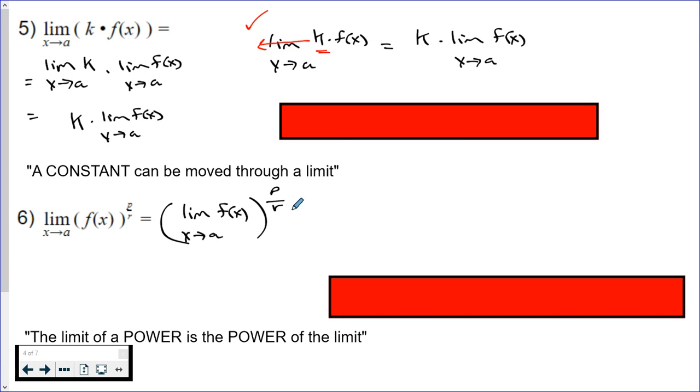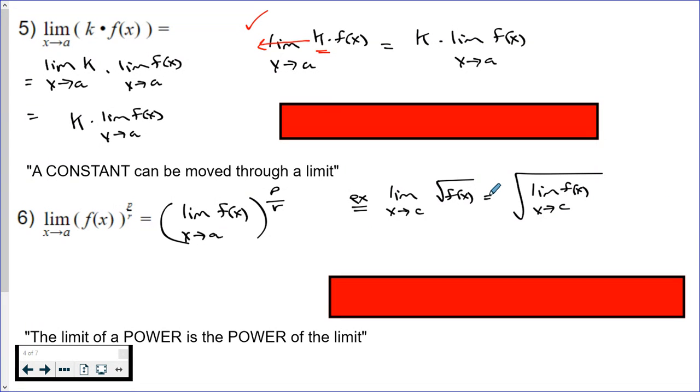Now, what's neat here, I'm going to give a little example with this, is this actually would lend itself to doing a problem like this. Maybe I do the limit as x goes to c of radical f of x. How could I rewrite that? Well, watch what I do here. Do the limit of the function without whatever the operation is. So just do the limit of f of x as x goes to c, ignore the radical, and then do the radical of the limit.